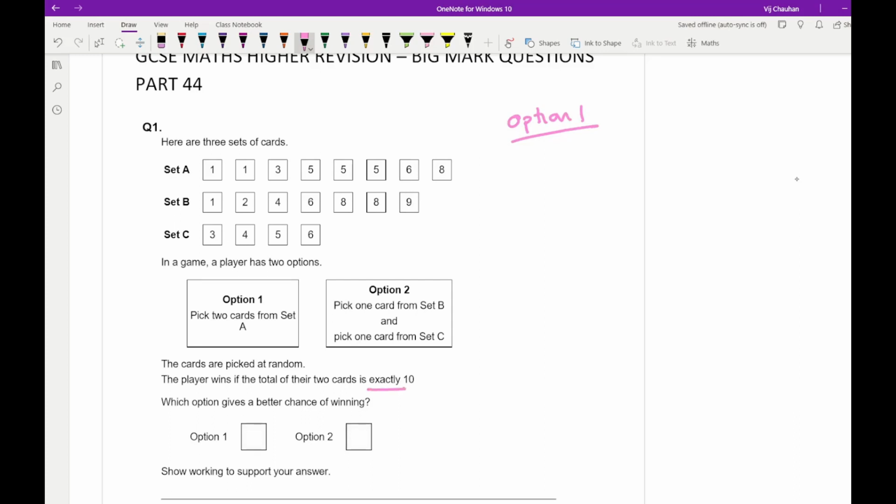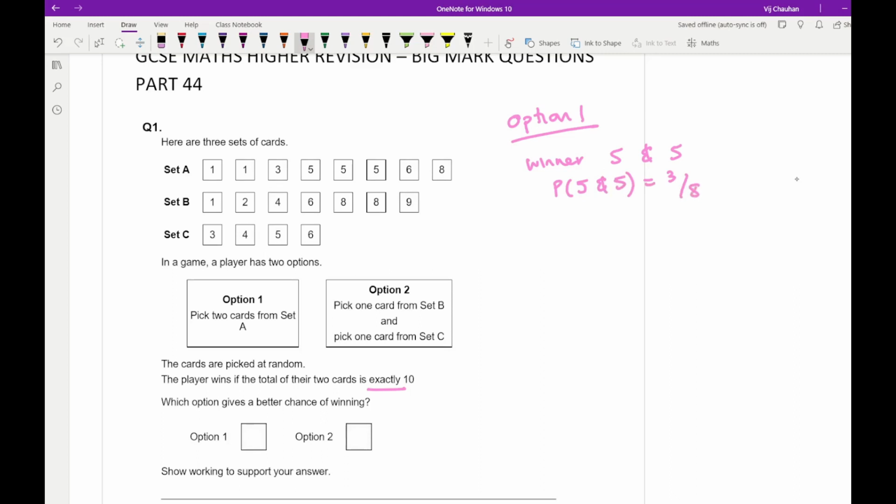So the only way we can get exactly 10, picking cards with numbers of 1, 3, 5, 6 and 8, is basically to only have 5 and 5. So the probability of getting 5 and 5. On the first card, well, there's 3 5s out of a total of 8 cards.